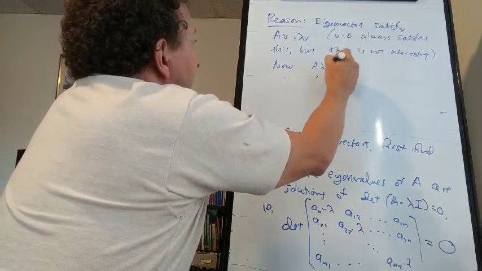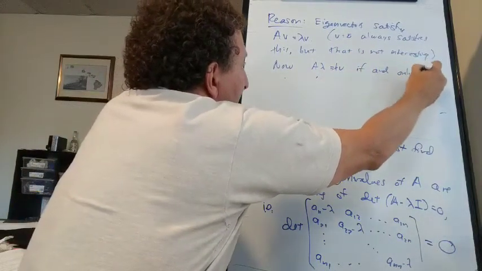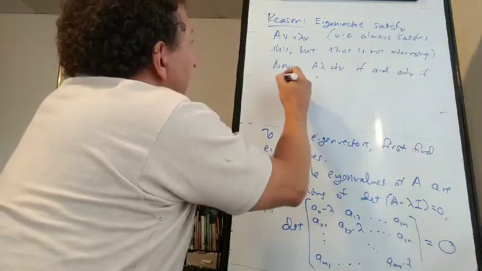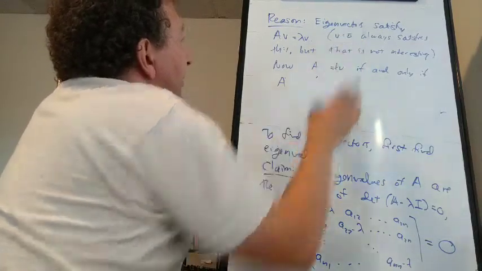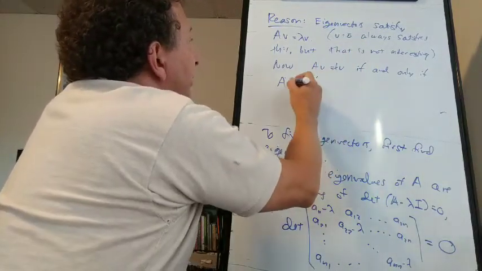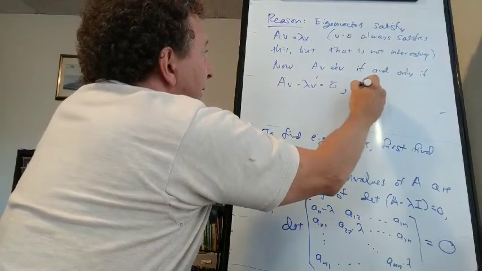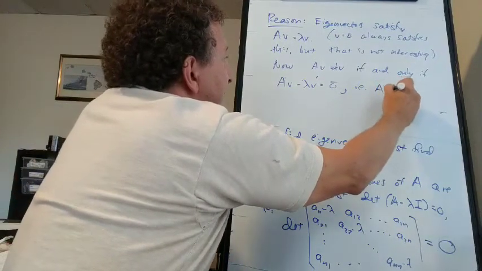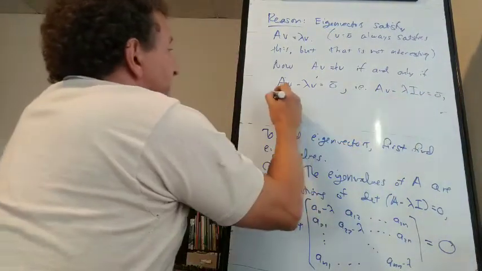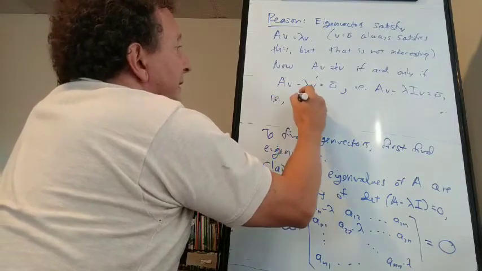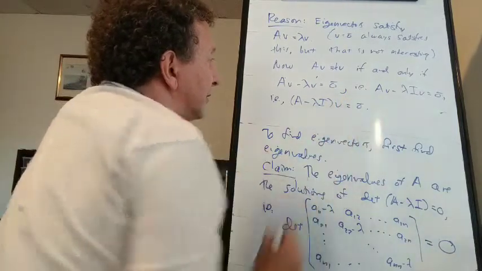Now, AV equals lambda V if and only if AV minus lambda V equals the 0 vector. That is, AV minus lambda identity V equals the 0 vector. That is, A minus lambda I times V equals the 0 vector.